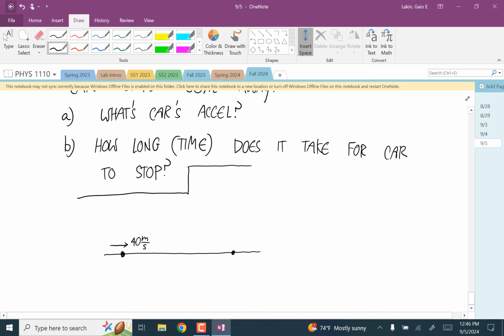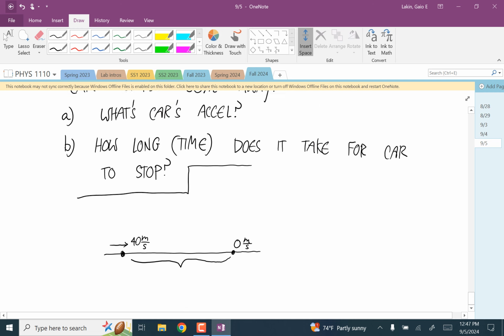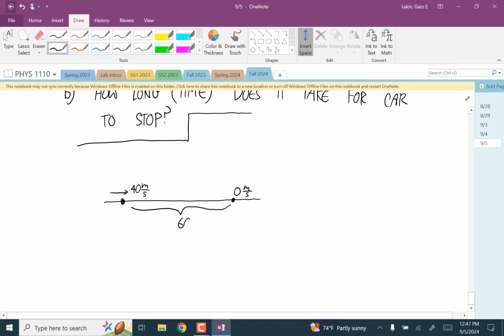Here, the car has come to rest, so the speed is 0 meters per second. And we know that the distance between these is 60 meters. So that's what we're given.